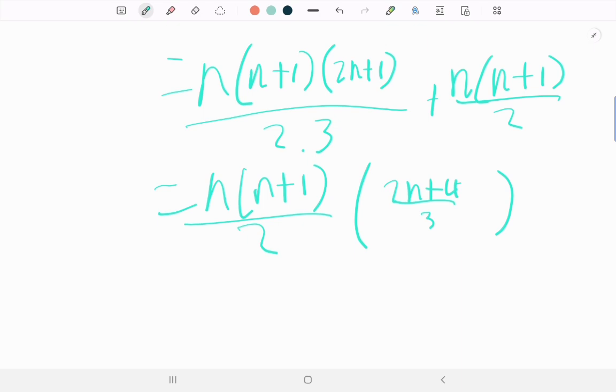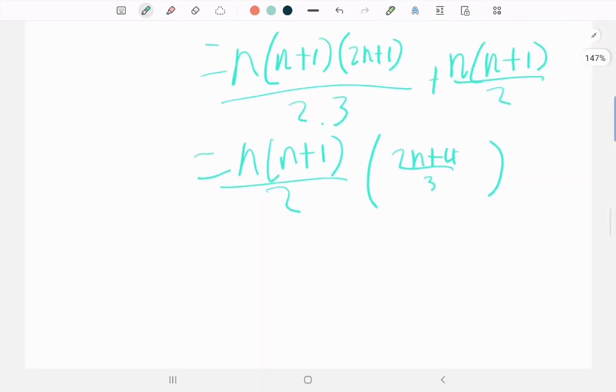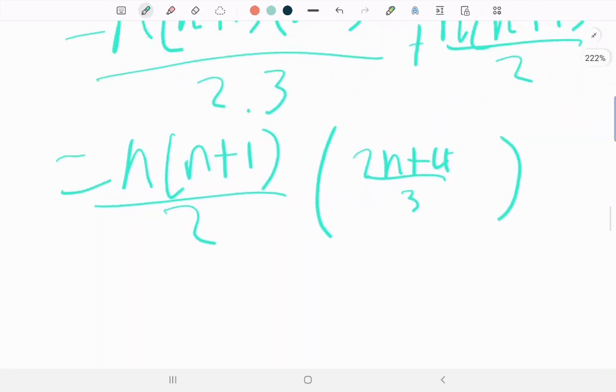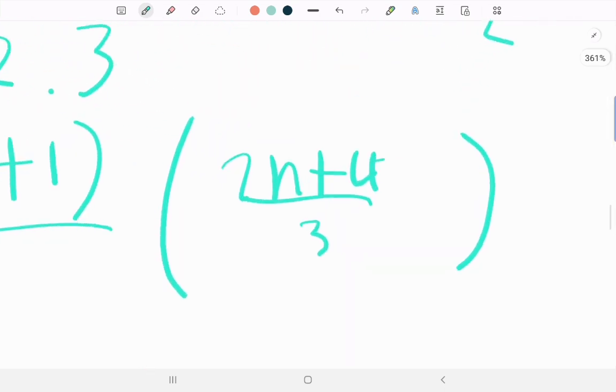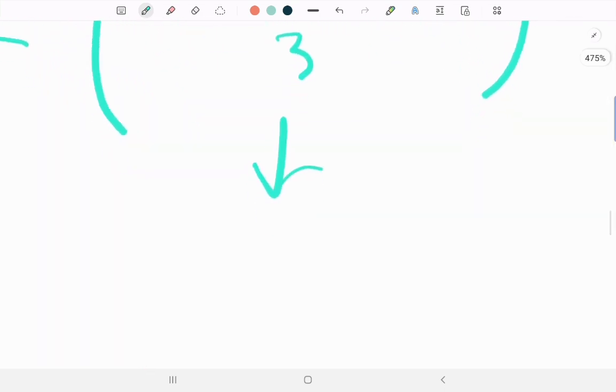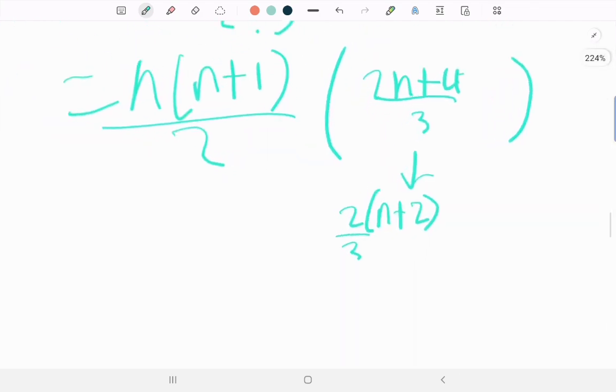So now we can also factorize the 2. So this becomes 2 times n plus 2, divided by 3, times n times n plus 1 divided by 2.